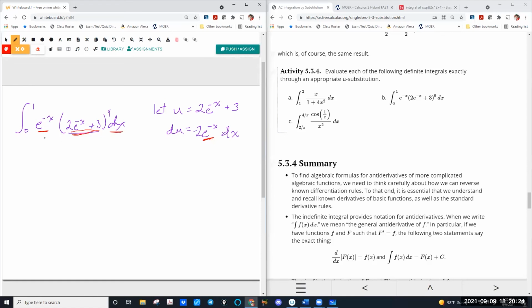So that e to the negative x dx is going to be part of my substitution. The only thing missing is that negative 2. So I'm going to put the negative 2 in there because that there, hopefully this isn't getting too messy, that there is my du.